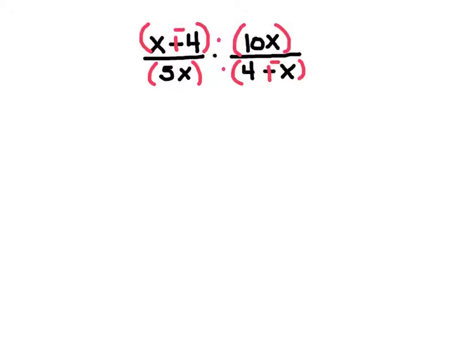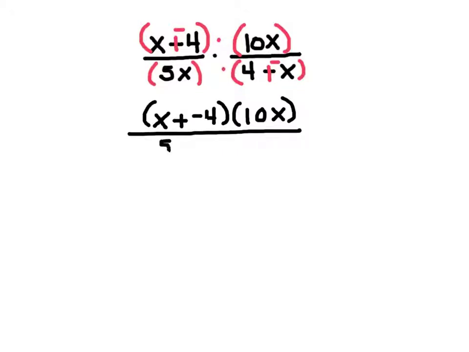So I have in the numerator an x plus a negative 4, and that's being multiplied by a 10x. And in the denominator, I have a 5x. And when I look at this next binomial right here, 4 plus a negative x, let's swap this around.